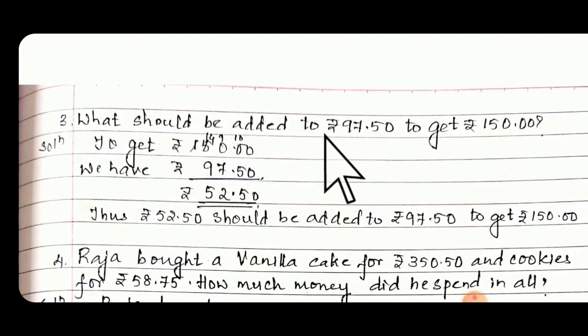What should be added to 97 rupees 50 paise to get 150 rupees? To be added means it gets subtracted.